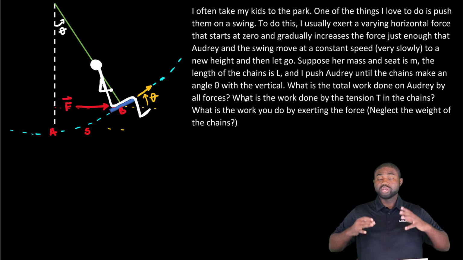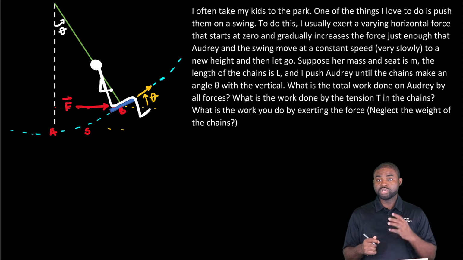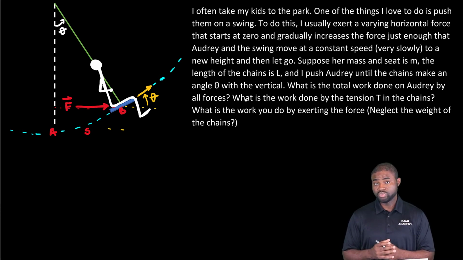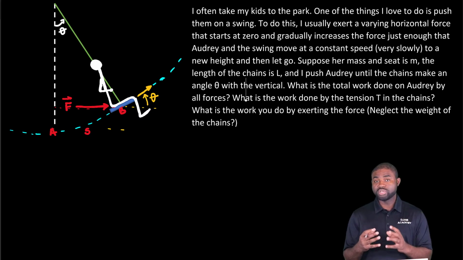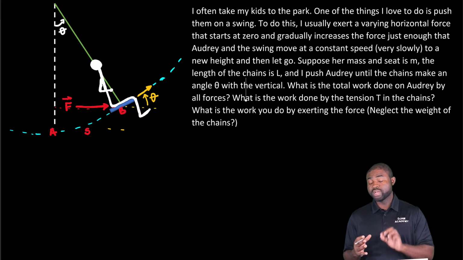Now, there are two ways that we can calculate the total work done on a particular system. We can first calculate the net force acting on the system and then calculate the work done by the net force.